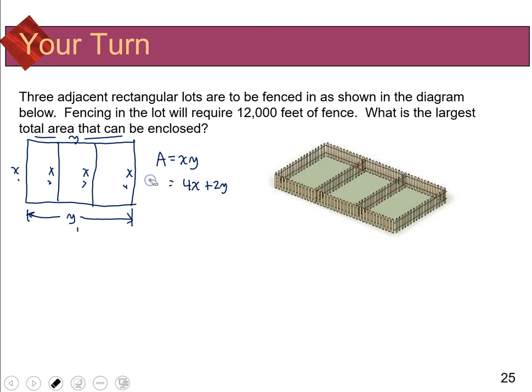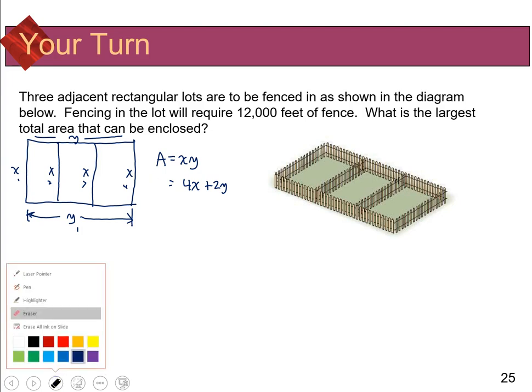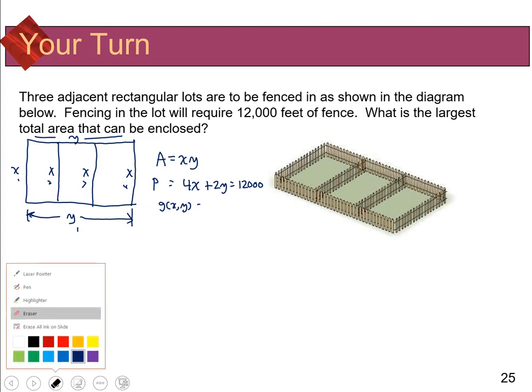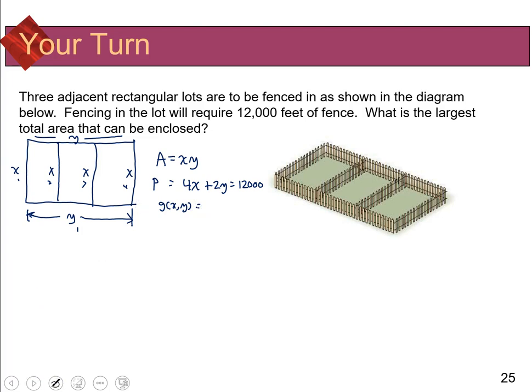The perimeter would usually just be the outside, but since I have some partitions, I got to include that. But that's essentially the 12,000 feet of fencing I'm going to use. Which means that g of x, y is going to be 4x plus 2y minus 12,000.